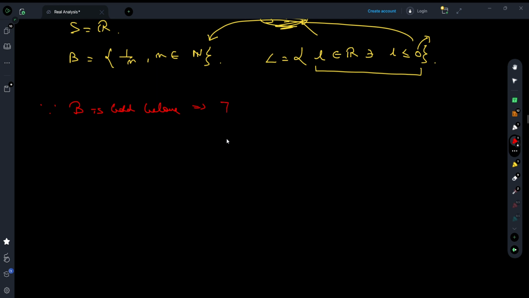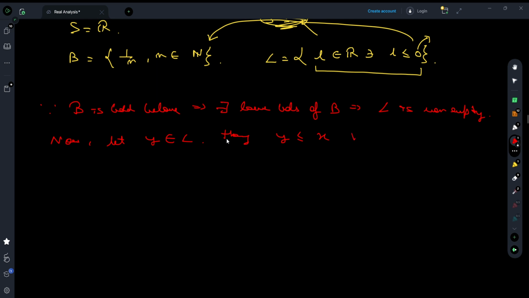So now see. Since B is bounded below, there exist lower bounds of B, which implies L is non-empty. Clear?